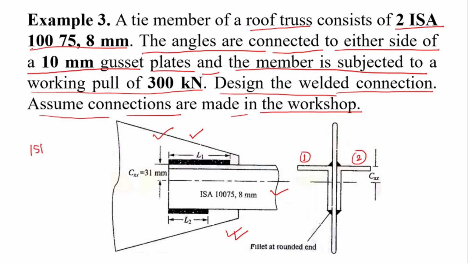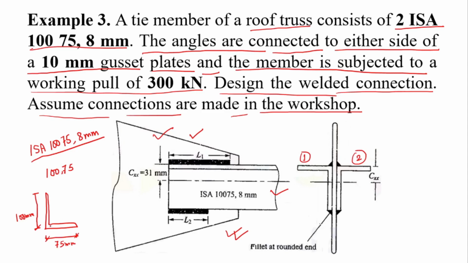Now here it is given that ISA 175,8 mm. Okay, ISA means Indian Standard Angle, and then what we mean by 175? See, if I draw one Indian Standard Angle, this is one angle. Okay, so each one arm is 100 mm and the other arm is 75 mm.